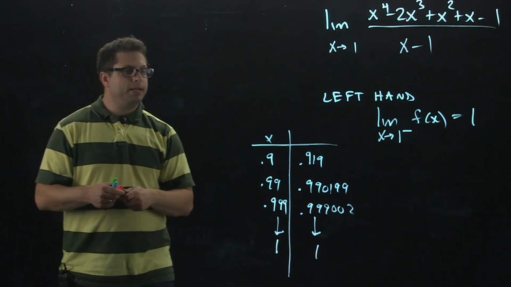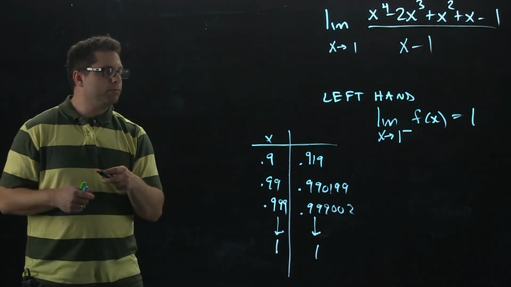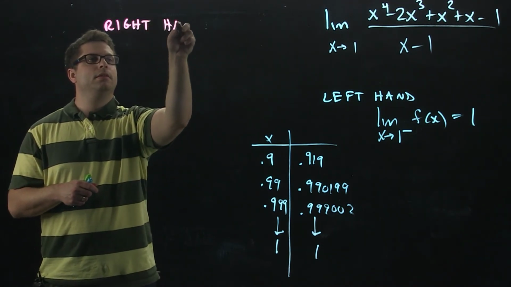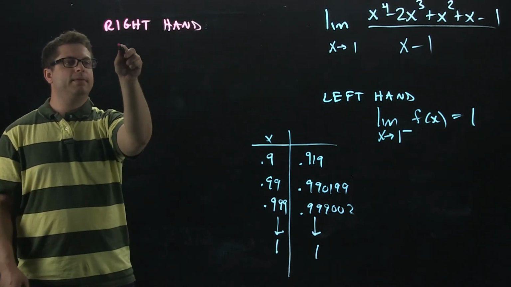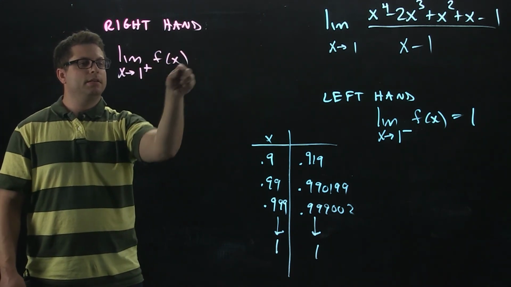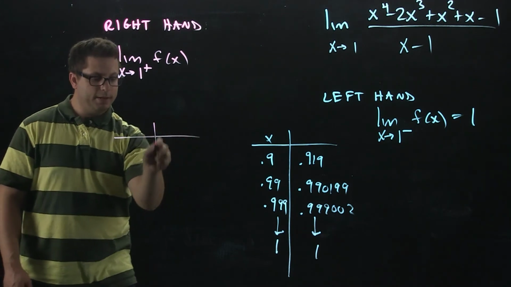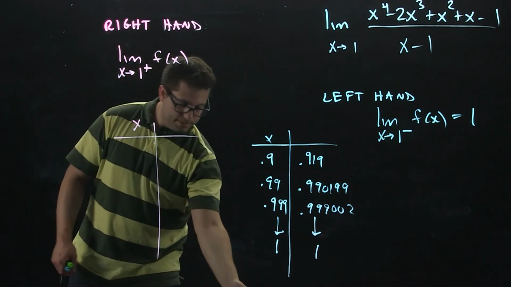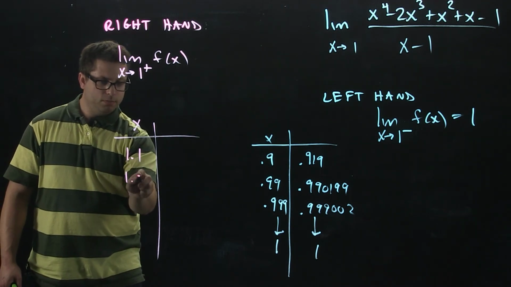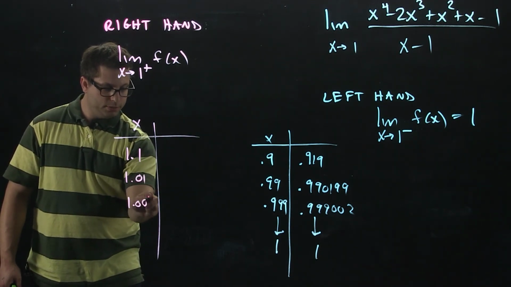The other one-sided limit is the right-hand limit. We do the same thing, except now we approach 1 from the right and set up the table. So we have 1.1, 1.01, 1.001.